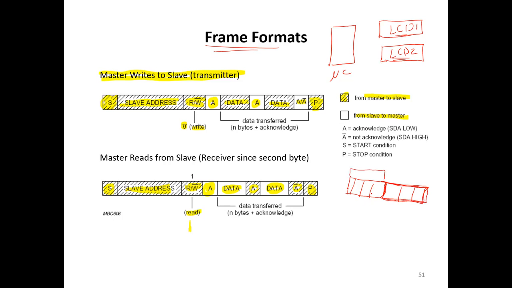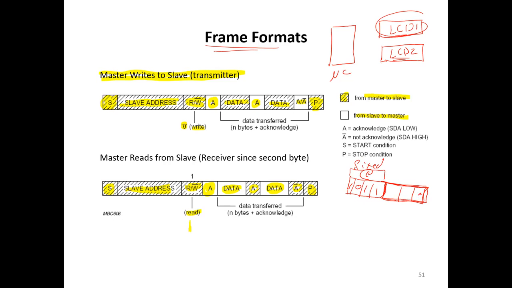For example, if you read the datasheet of this LCD, you can see that the value here, for example, is 1011. So this part is a fixed address. We cannot change it. And here you have 3 bits that the user can modify.